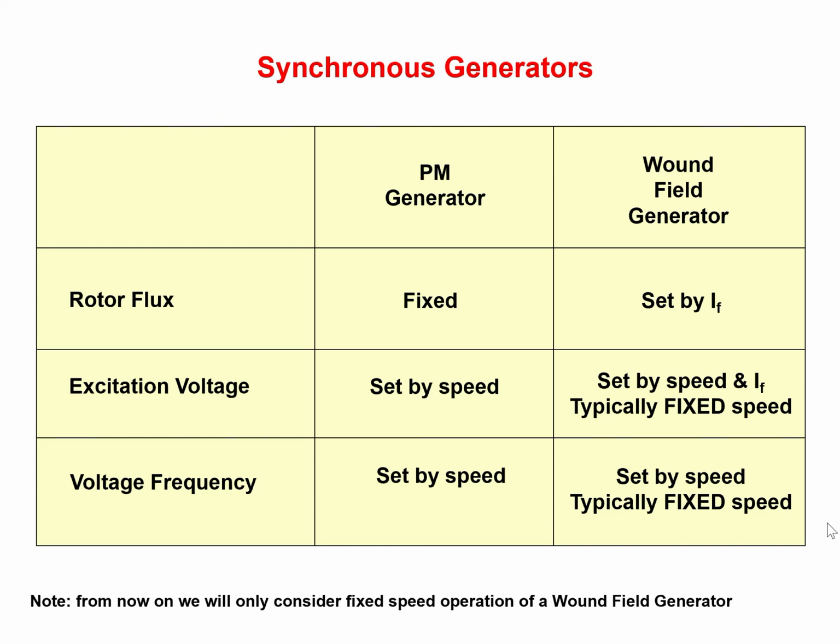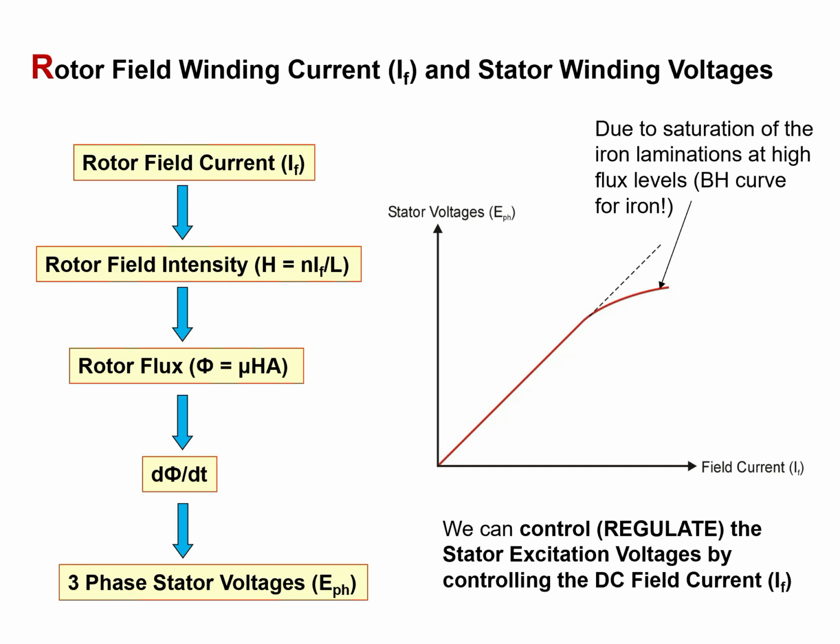In the next slides, we are going to discuss the operation of a wound field generator. So let's see in more detail what is going on. The rotor is fed by a DC current. As the rotor rotates, this will cause the rotor field intensity to change, and therefore the rotor flux changes accordingly over time.